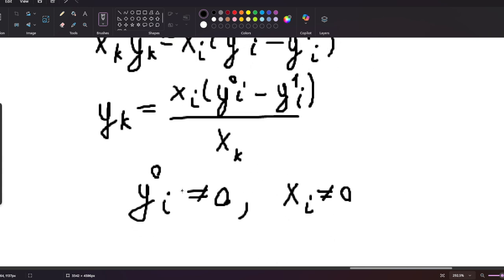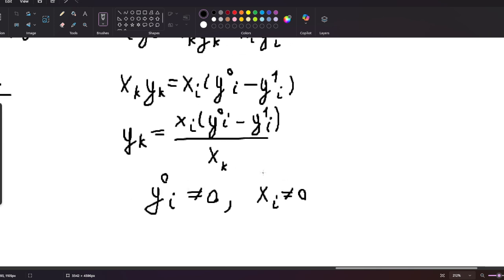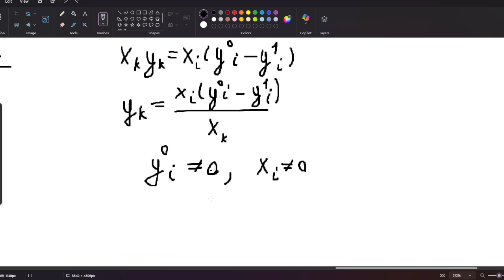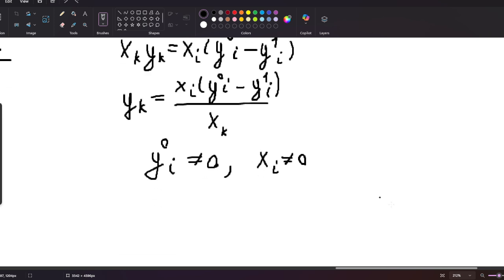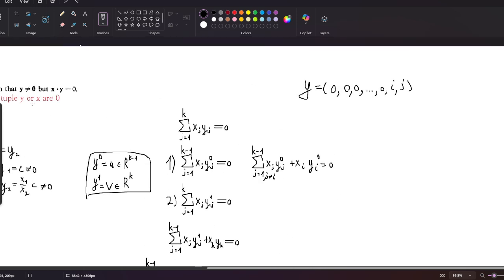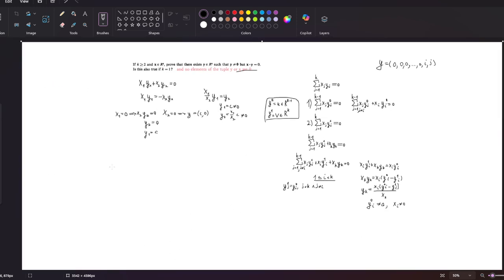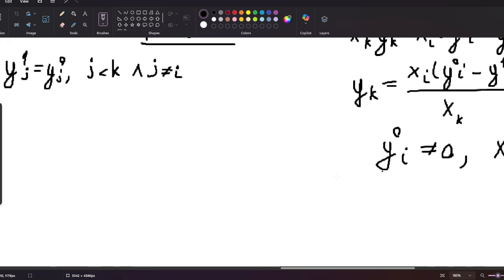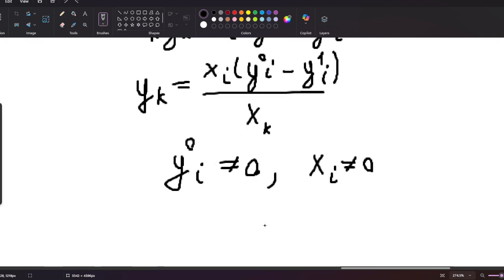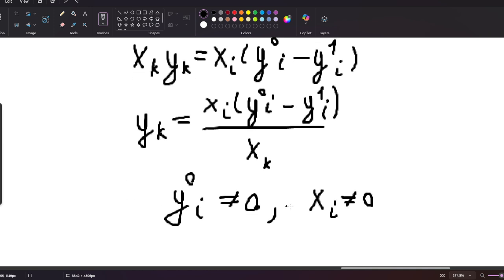The reason I'm adding that restriction is because if all x's except for one are 0, then that will cause a problem. We'd have to imply that one of the y's is 0. So that's why I added in the original condition that x is also not gonna be 0 at any point of the tuple. I just thought it's an interesting problem.